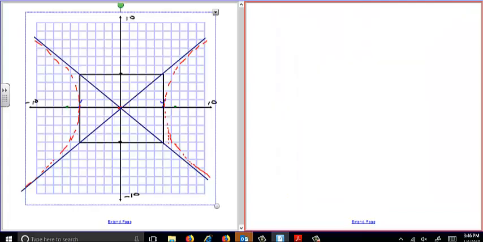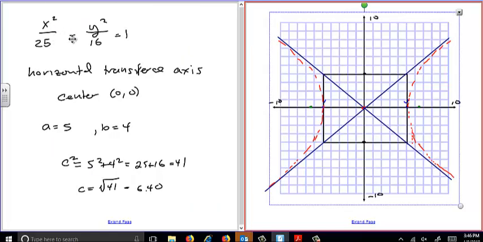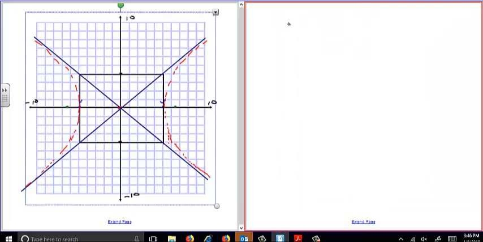Now what would happen if, instead of x squared over 25 minus y squared over 16, I had y squared over 16 minus x squared over 25? All I've done is make the x squared negative and the y squared positive.